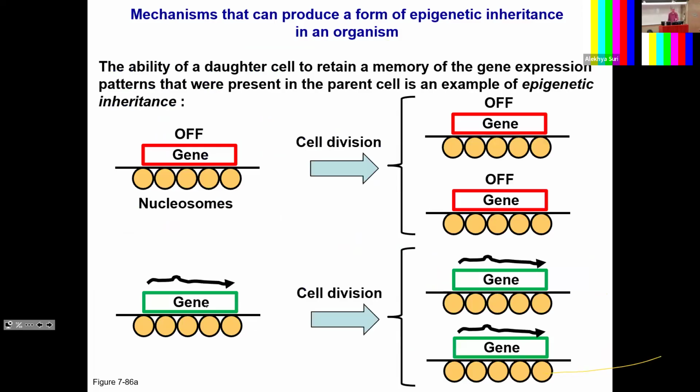This shows you, in principle, when a gene is, for example, off, and you have cell division, so this gene should also be turned off in the progeny. So it should maintain this status of gene turned off. Or if a gene is on, it should be on also in the daughter cells.